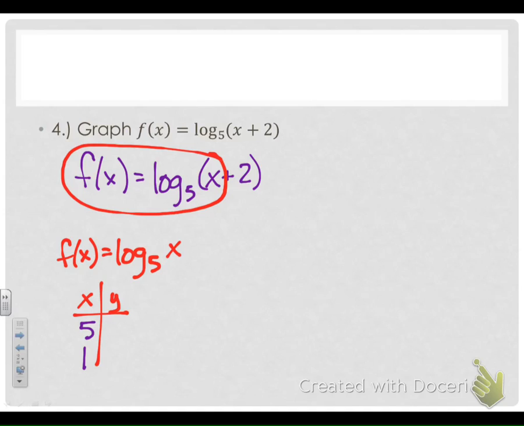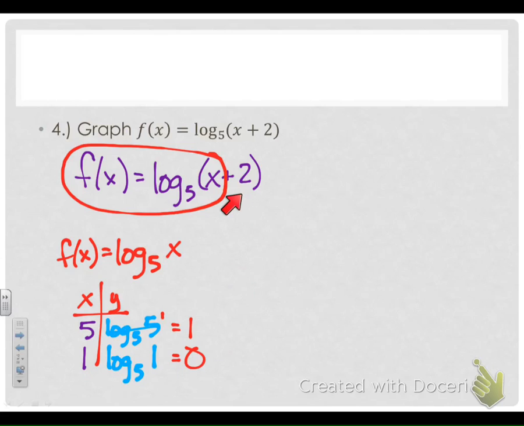Let me show you those steps. Log base 5 of 5, these undo each other and you're left with the exponent of 1. For log base 5 of 1, if you ask yourself 5 to what power gets you 1, by rewriting it has to be 0. So my points are 5, 1 and 1, 0.